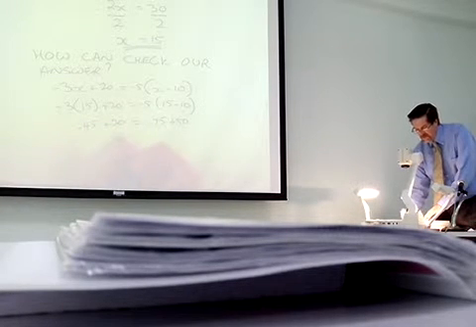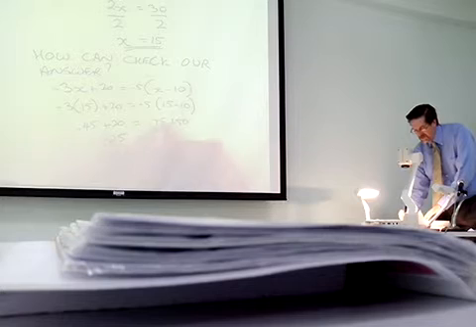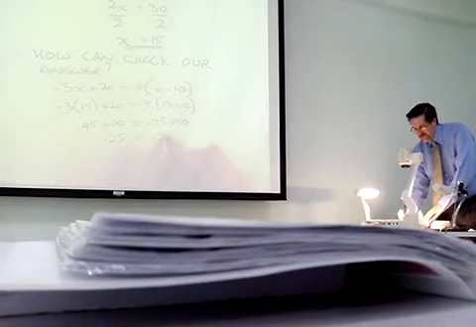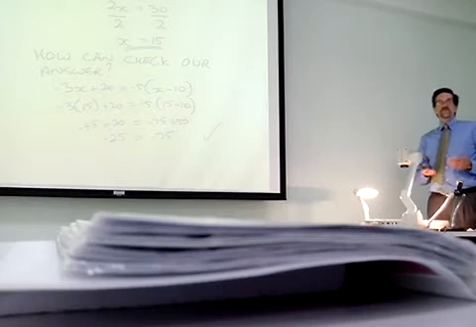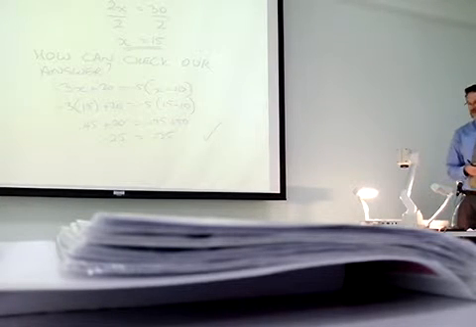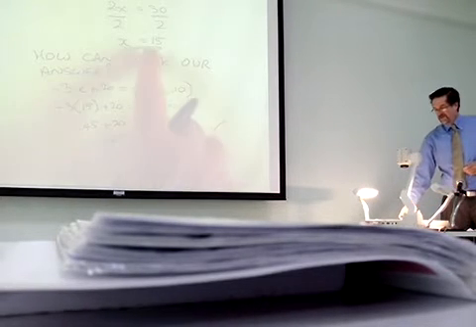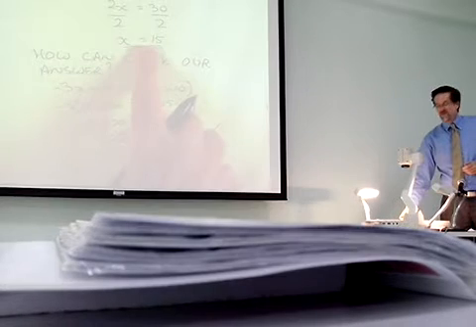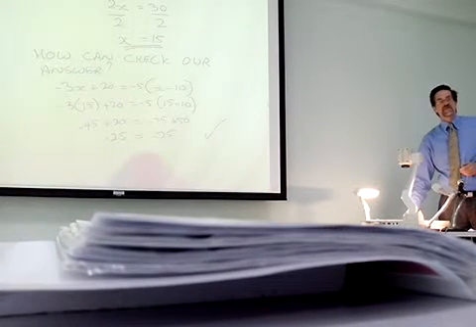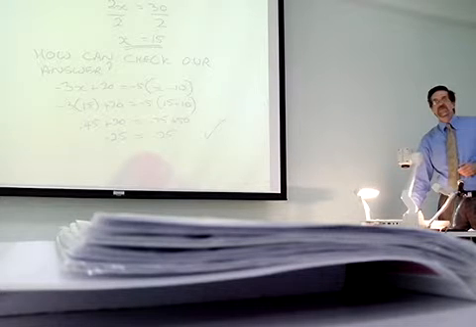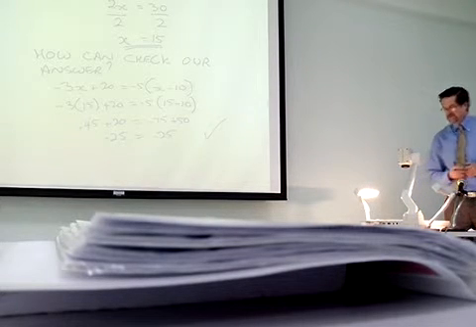Negative 25. Negative 75 plus 50 is also negative 25. So that means our answer is correct. So when we solve, we can just check that our answer is the correct answer. Okay?